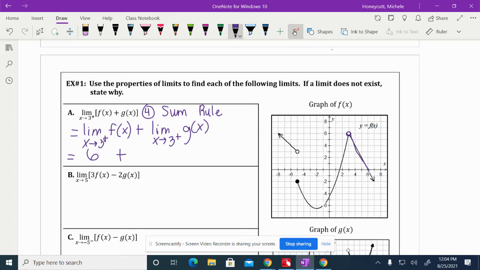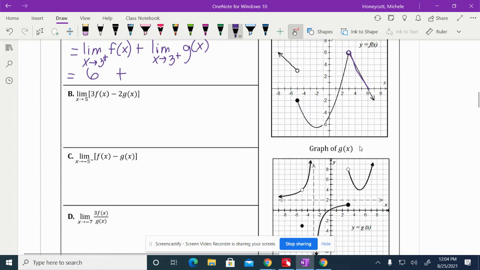Plus 3 from the right for g. So then I need to look at the g graph. And if I approach 3 from the right on the g graph, it looks like I get 8. 3 from the right, 8. And so 6 plus 8 is 14.